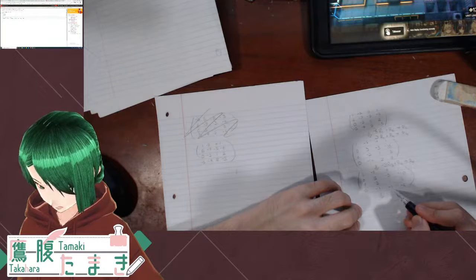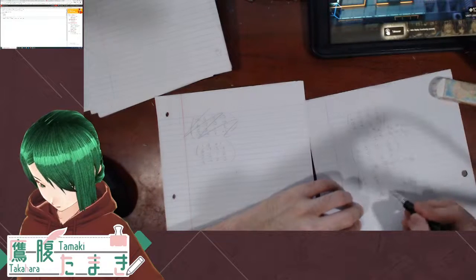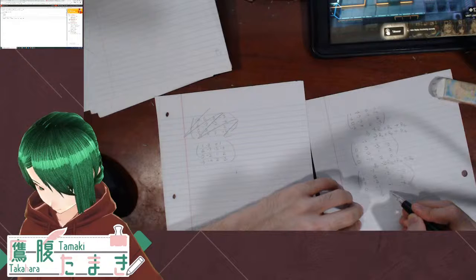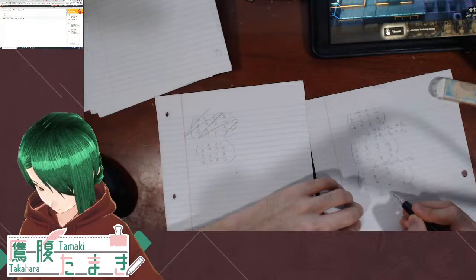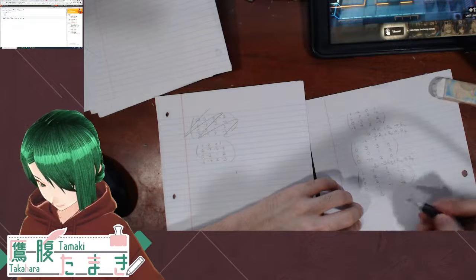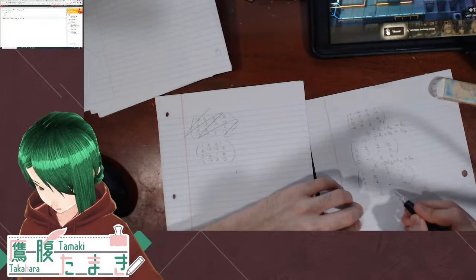Okay, is there anything else I should do first? No, I guess not. So then we'll just make this the new row 2.